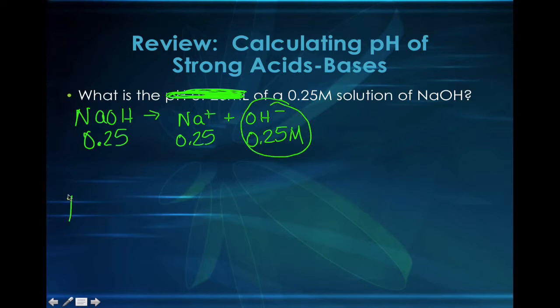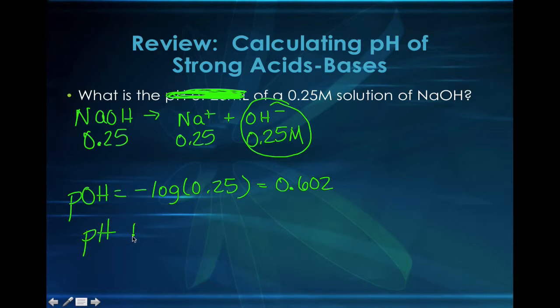What I can do is calculate the pOH first, because this is the hydroxide ions. So negative log of 0.25. When I do that, I end up with 0.602. And then I want to find the pH.